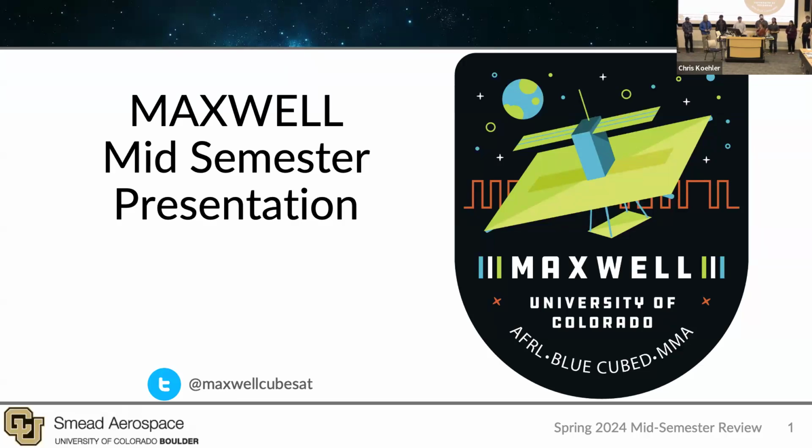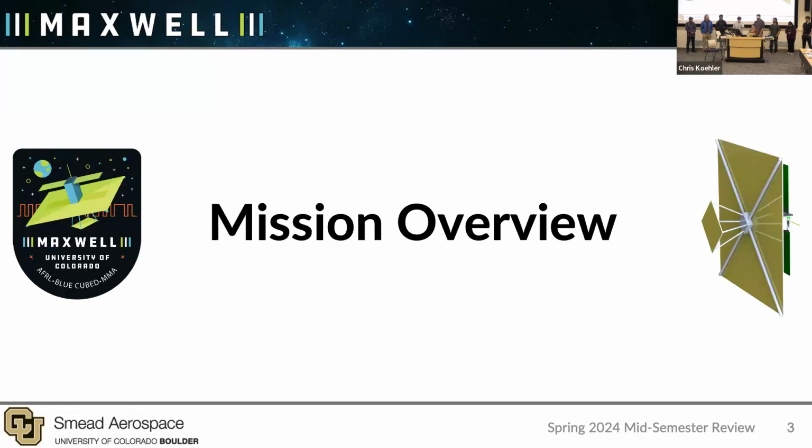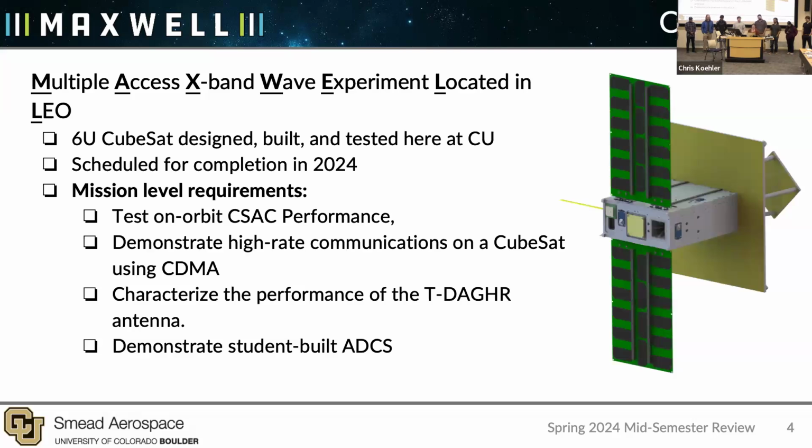Okay, hi everyone. So we are the Maxwell Group and we're gonna present what we've been up to this semester. So as an overview, we're gonna do an overview of the mission, org chart, semester goals, deliverables by subteam, and then project concerns. So we'll start with the overview. Maxwell stands for Multiple Access X-band Wave Experiment located in LEO.